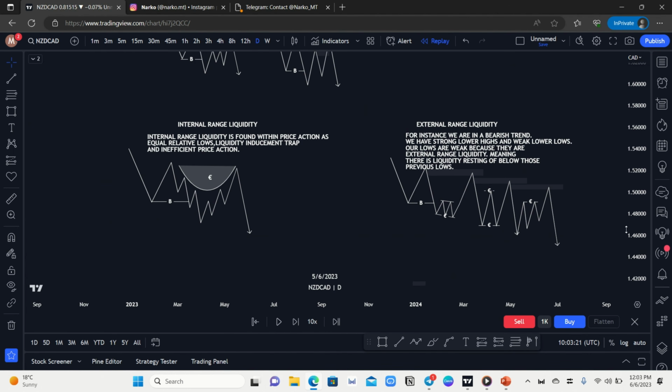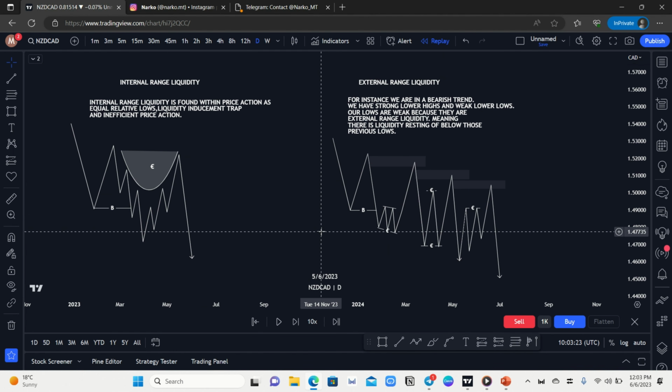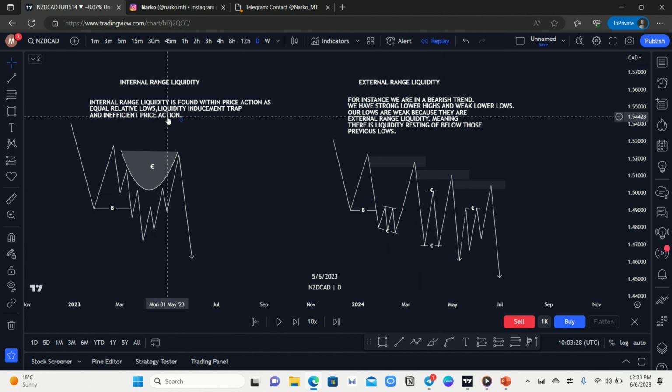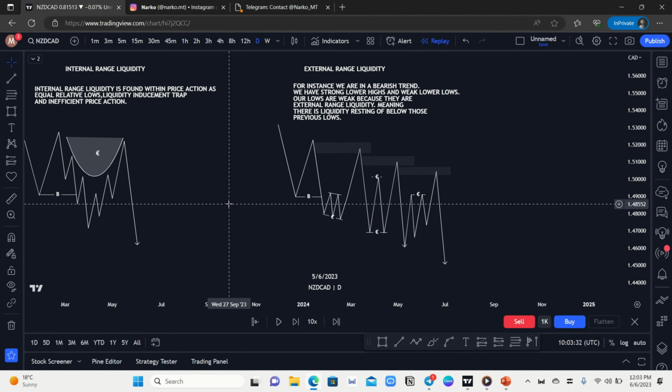Internal range liquidity is found within price action as equal relative lows, liquidity inducement trap, and inefficient price action. And for external range liquidity, for instance, if we are in a bearish trend, we have strong lower highs and weak lower lows. Our lows are weak because they are external range liquidity, meaning there is liquidity resting below those previous lows.